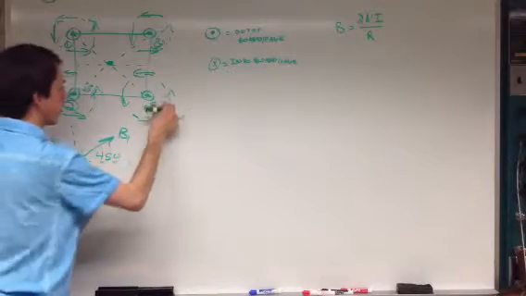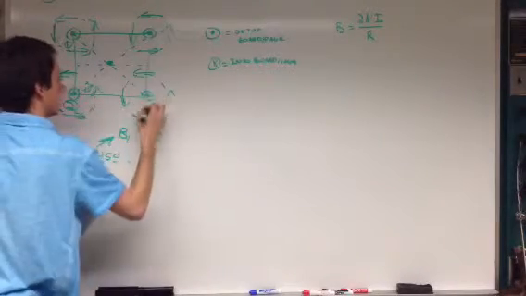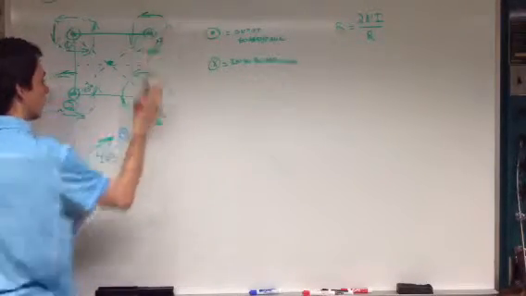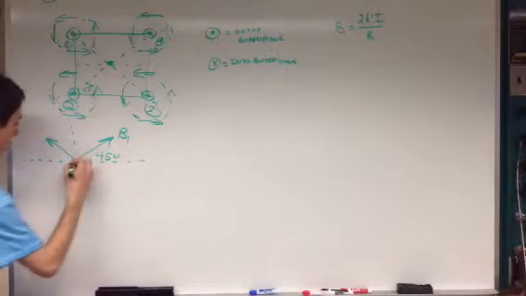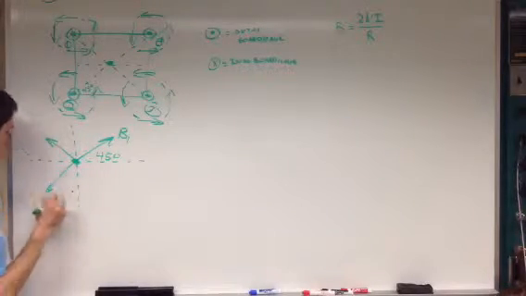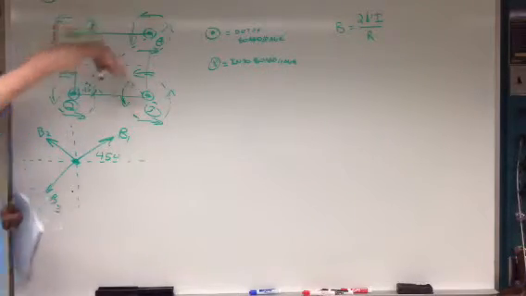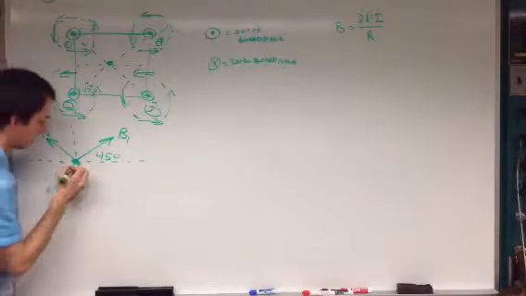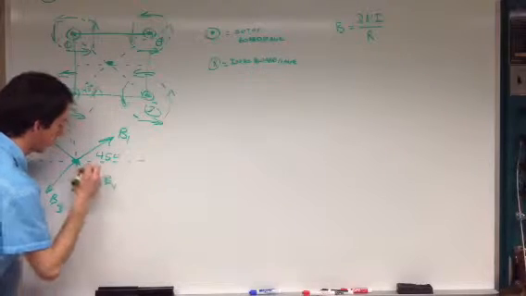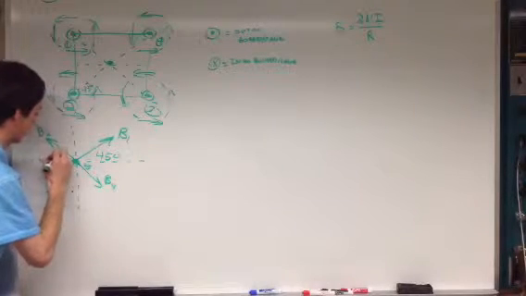This should be 3. Sorry, not 4. For 3, we're going down like that. So 3, B2, and then for 4, it's coming in like this, B4, and again, these are all 45 degrees.